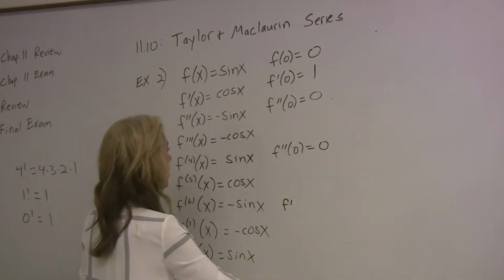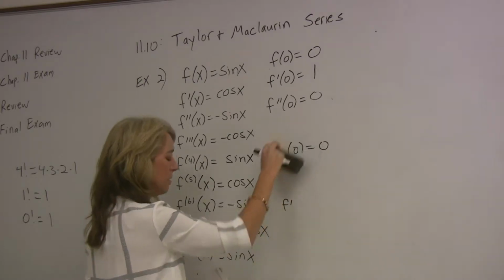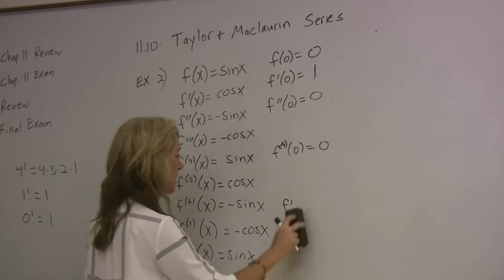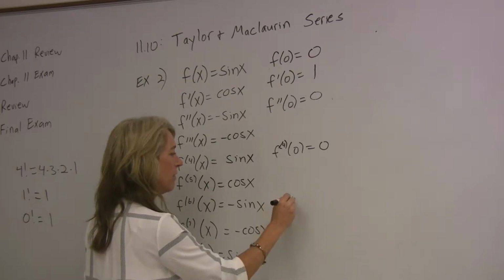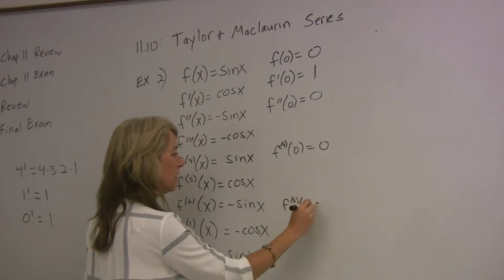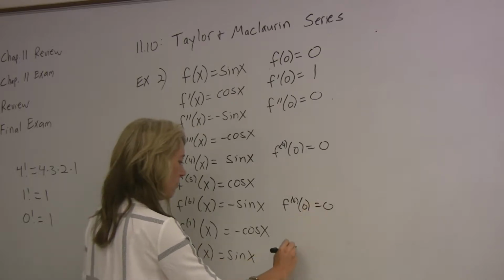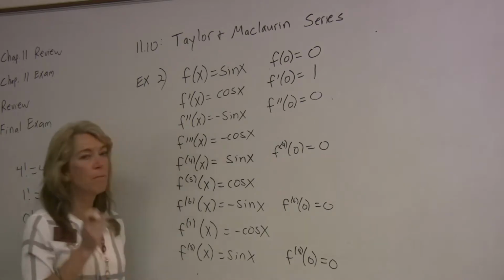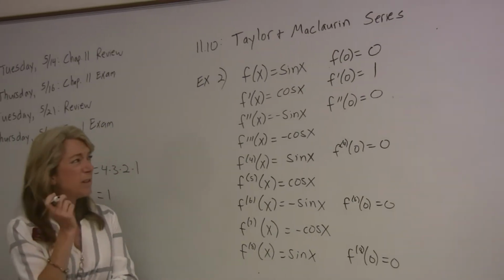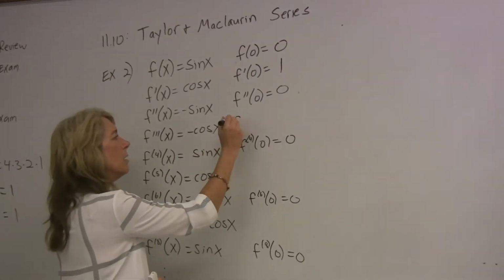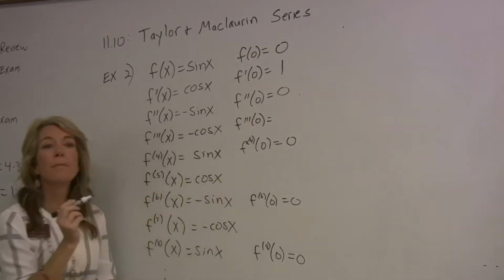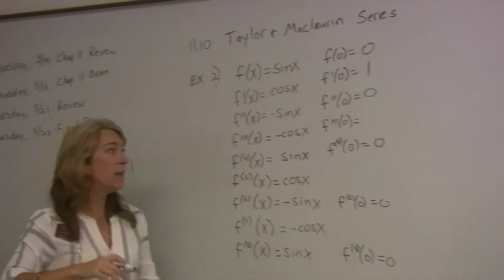Oops, it's not a double prime, it's a 4. The fourth derivative, the sixth derivative, all of the even derivatives turn out to be 0. But what happened to those odd ones? It's alternating between 1 and -1, right?